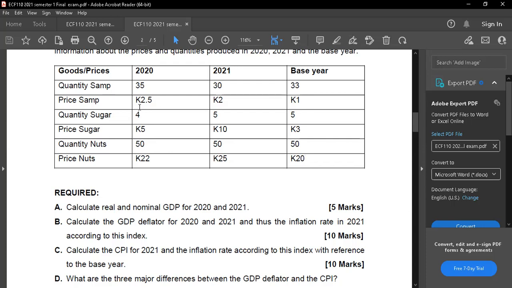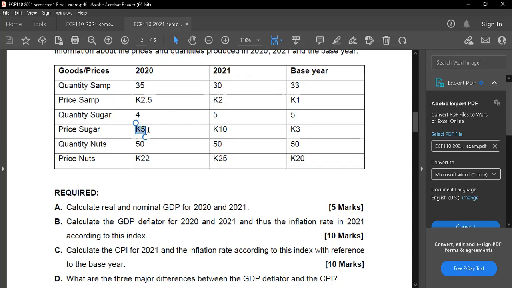So you can see here for SAMP, the price in 2020 was 2.5. So you're going to get 2.5 times the quantity in the base year, which is 33. So you're going to say 2.5 times 33 plus sugar. What's the price of sugar in 2020?